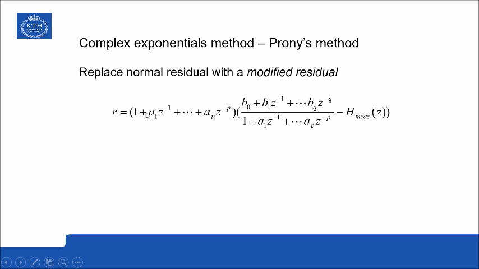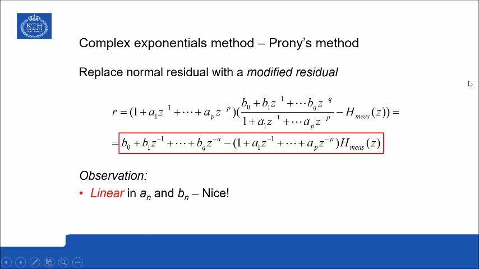To do this we multiply the original residual with the filter denominator. And the result then is this. We have here a linear expression in the numerator coefficients, and here we have a linear expression in the denominator coefficients. So this will be a linear problem, and that is very nice because that will simplify the determination of the coefficients a lot.